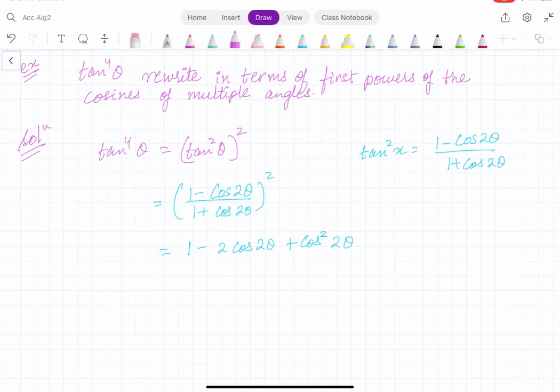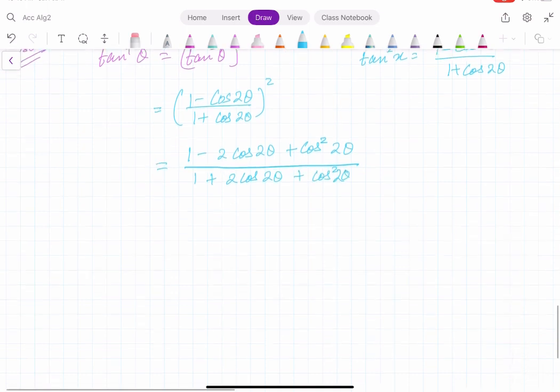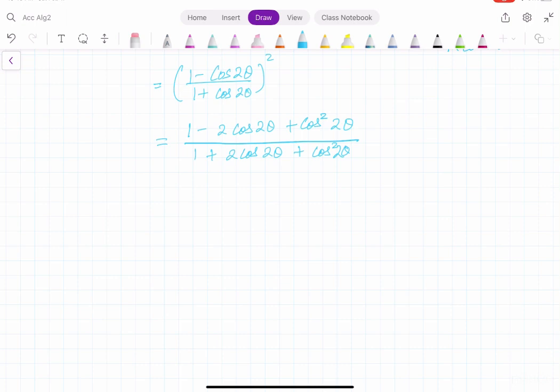Let me replace everything with theta. Instead of x, I started to write theta. Okay, so this will be 1 plus 2 cos 2 theta plus cos squared 2 theta. After this, we can clean up cos squared 2 theta. Now here's the thing, cos squared theta is nothing but 1 plus cos 2 theta over 2.